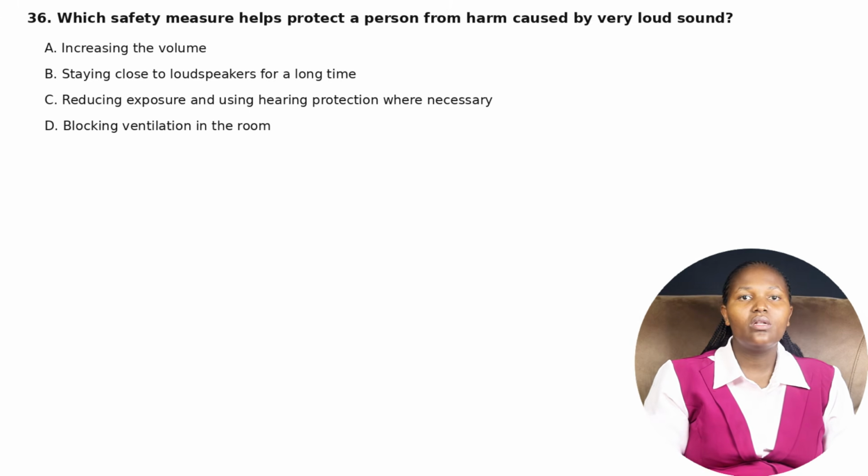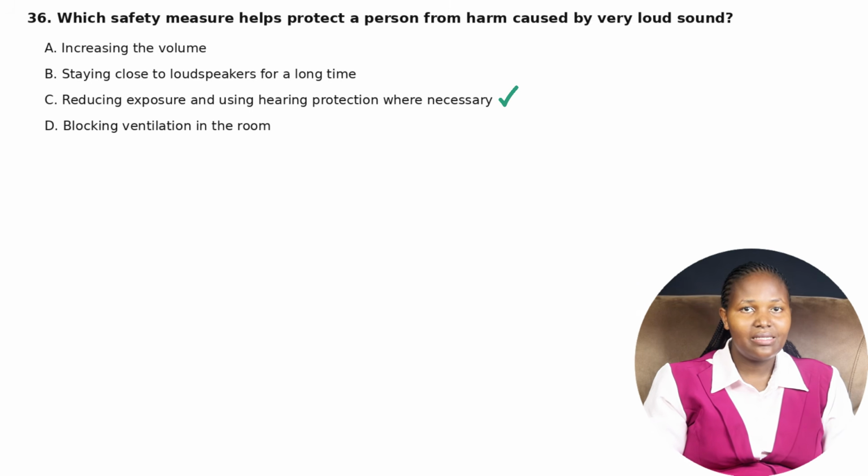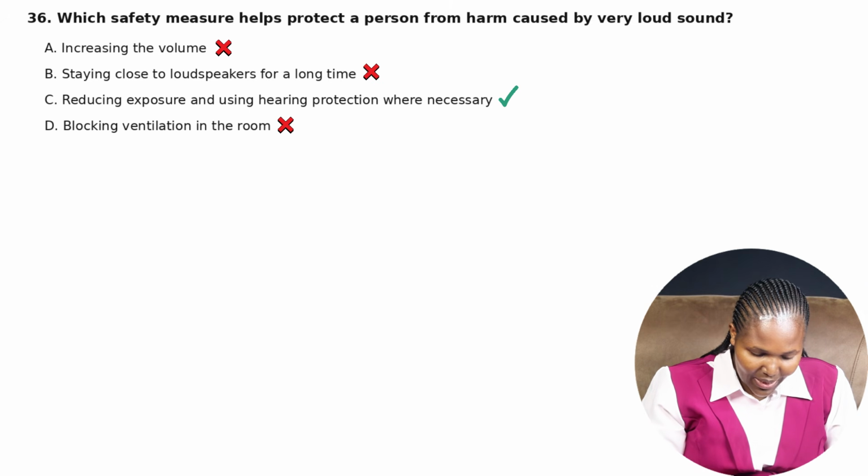So for this question, the correct option is C. You are supposed to reduce exposure and use hearing protection where necessary, because very loud sounds can damage the structures involved in hearing, especially when the exposure is intense or prolonged. Increasing the volume or standing close to loudspeakers for a long time is actually going to increase the risk and not reduce it. Yes, with that, we are done with question number 36.